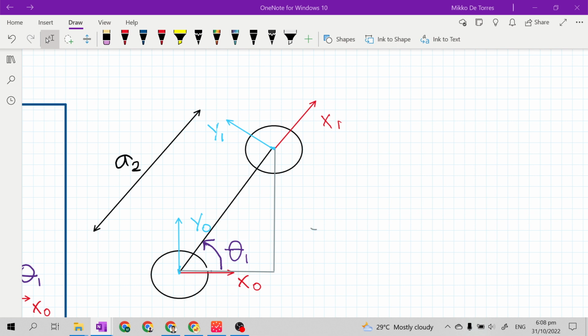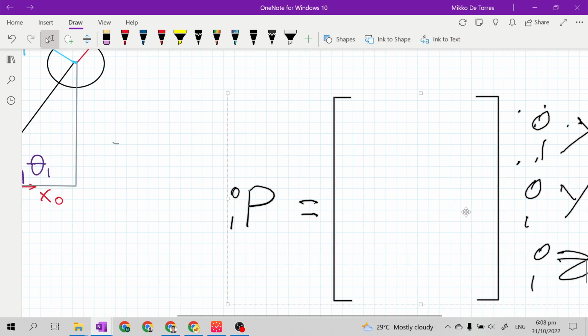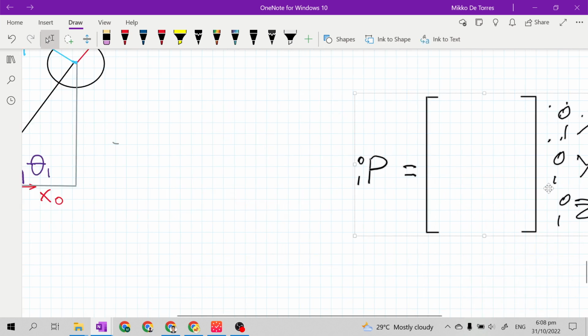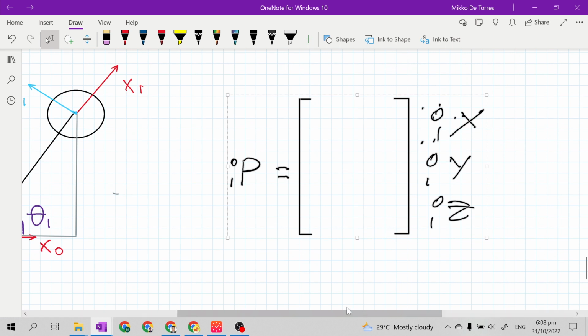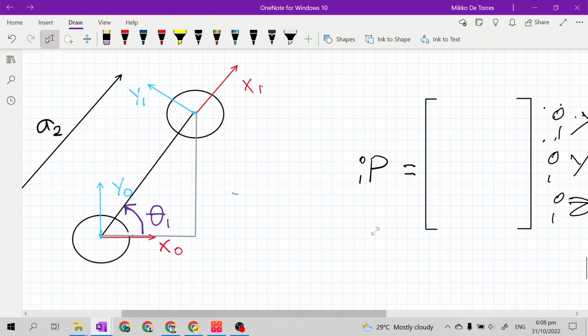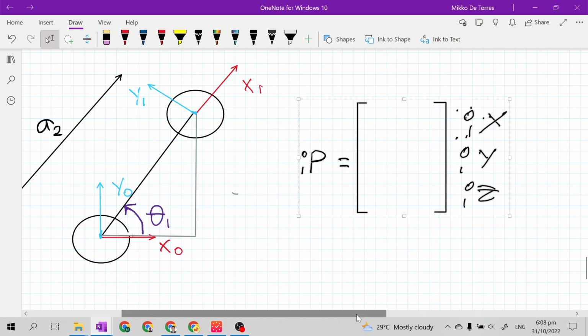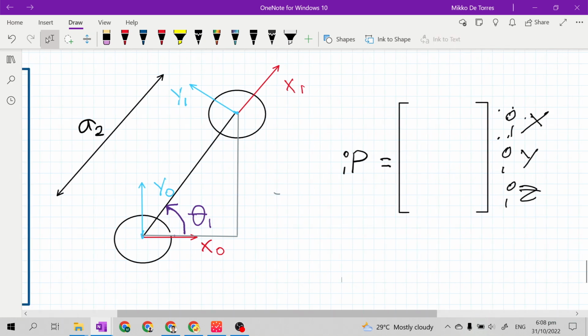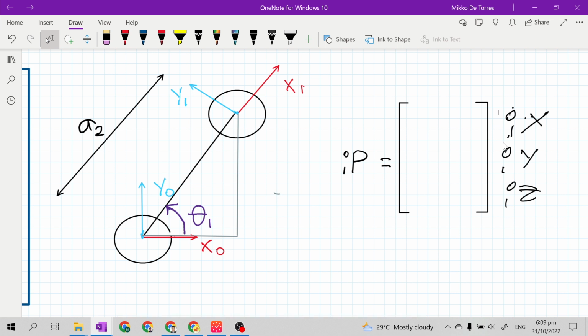Again, our position vector is denoted as P01. This is what we need to derive, P01. So X01 is the translation of projected X on the reference X. It means how X sub 1 is translated on X sub 0.